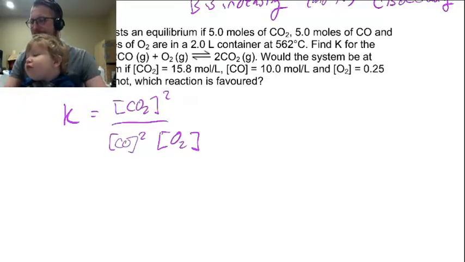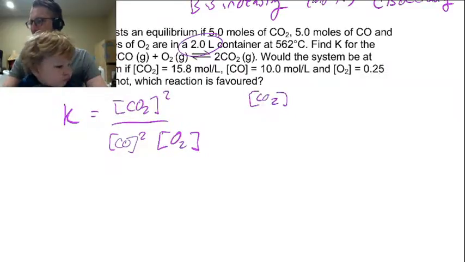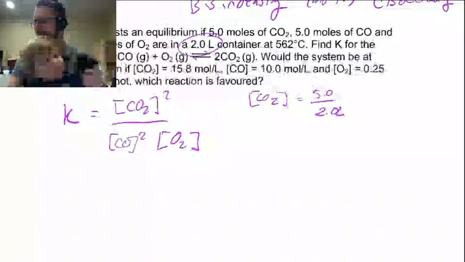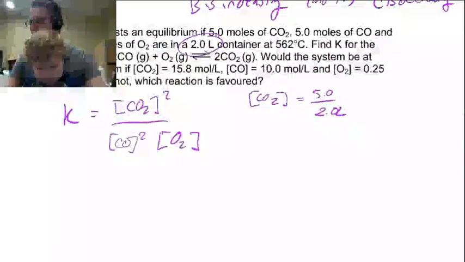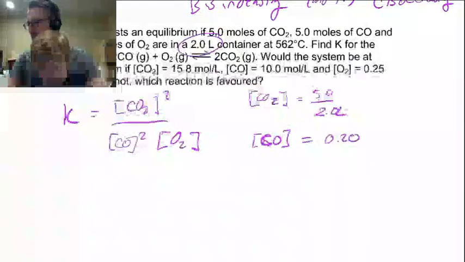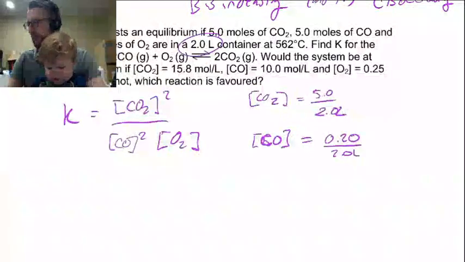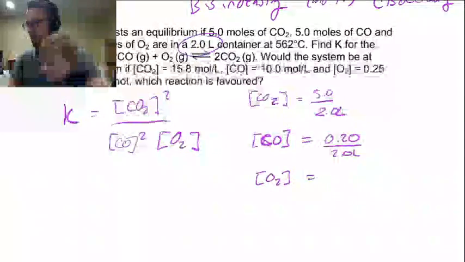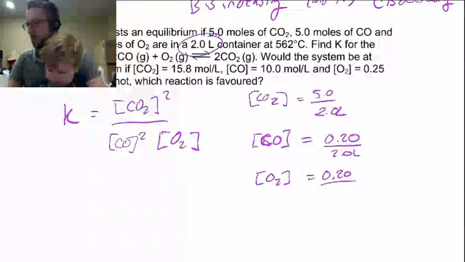So let's do that. It is a 2-liter container, so we are going to be talking about a concentration of CO2, which is 5.0 moles divided by 2.0 liters. We are going to be talking about a concentration of CO, which is equal to 0.20 divided by 2.0 liters, and a concentration of O2, which is going to be the same, 0.20 divided by 2.0 liters.